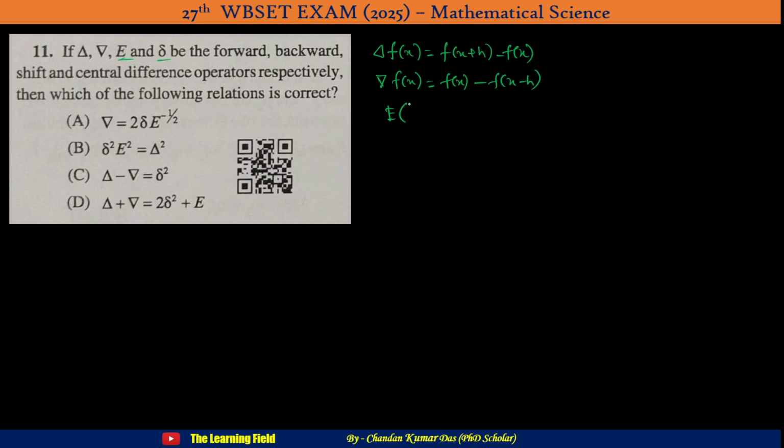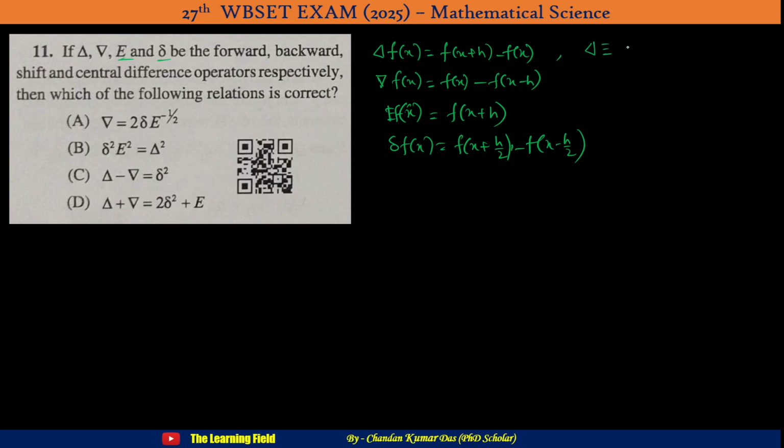Then E f(x) is equal to f(x+h), the shift operator, and central delta f(x) is equal to f(x+h/2) minus f(x-h/2). h is the step size. There is also a relationship between delta and the shift operator.